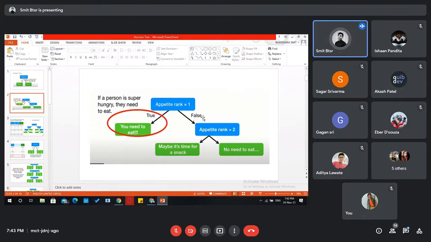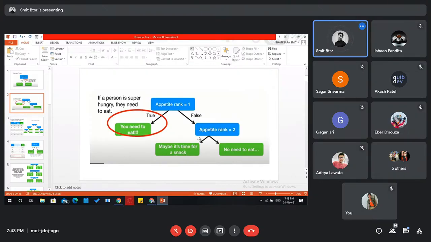Just consider the reverse example. First I ask someone, "Are you a little hungry?" If they are hungry, they will say yes, so I will provide them snacks.